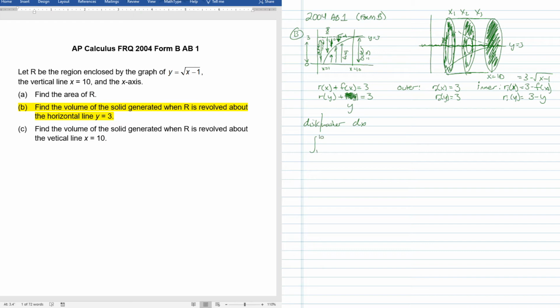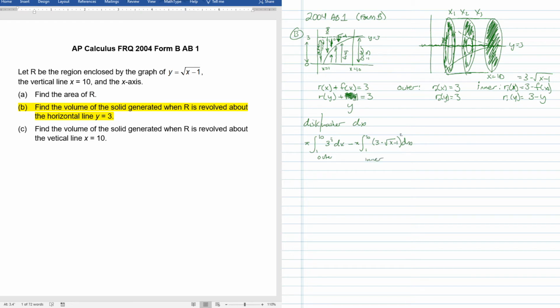It'll be pi in front. My outer piece would be 3 squared dx. This is my outer. I will subtract the inner, which would be 3 minus radical x minus 1 dx.